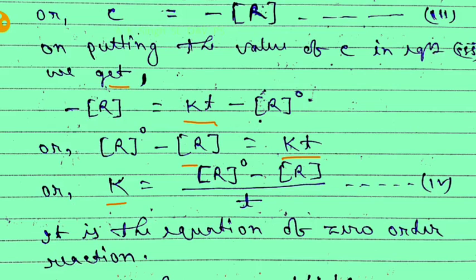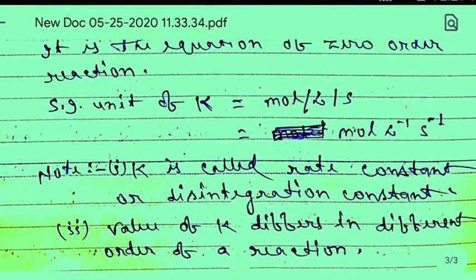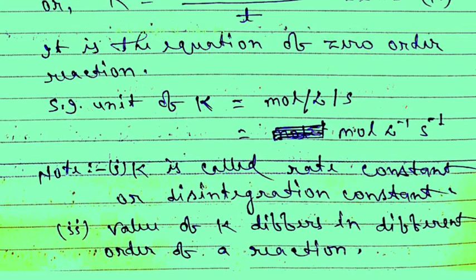Now the SI unit of K. What will be the SI unit of K of a zero order reaction? Here K is equal to ([R]0 minus [R]) by t. The SI unit will be mole per liter, and t means second. So its SI unit is mole per liter per second.